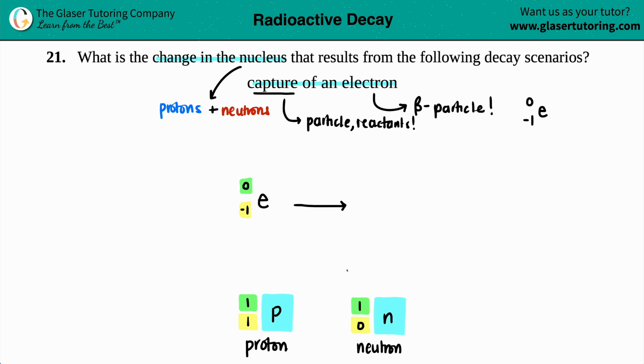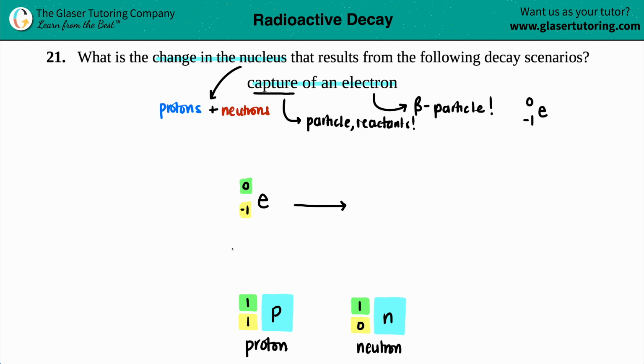I wrote down the nuclear notation for protons and neutrons down below. Remember, the top numbers across the sides have to be equal. The total mass number for the reactants has to equal the total mass number for the products, and the total atomic number for the reactants has to equal the total atomic number for the products. So tops go with tops, bottoms go with bottoms.